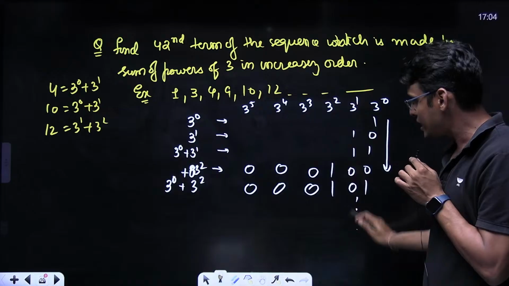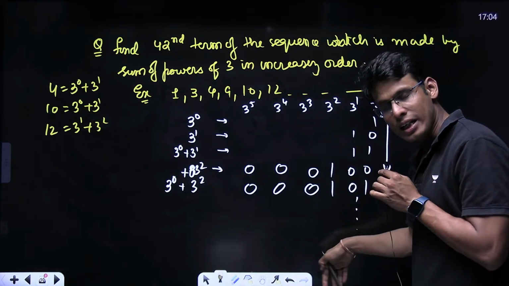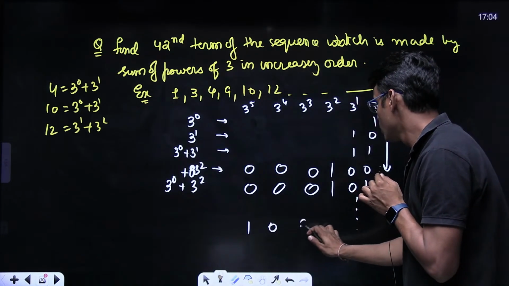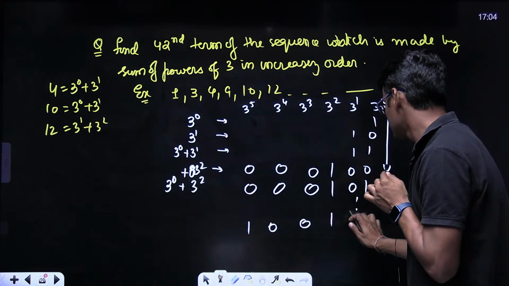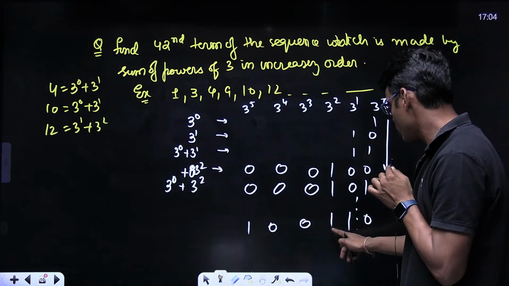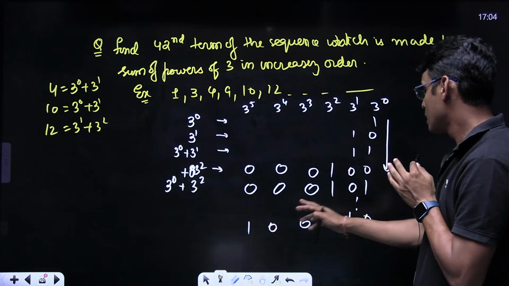If I go in increasing manner, I simply have to write 42 in binary. 32 plus 4, 36. Oh no, my mistake. 32 plus 8, 40. 40 plus 2 is 42.